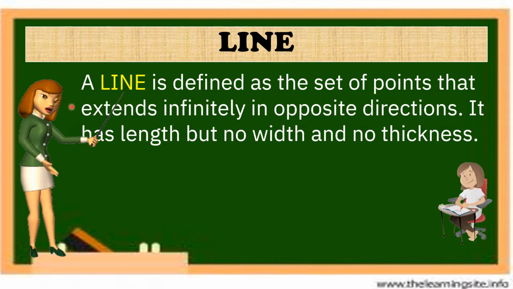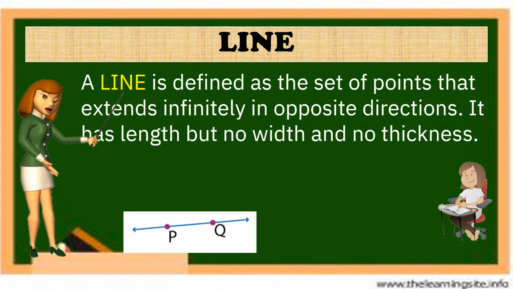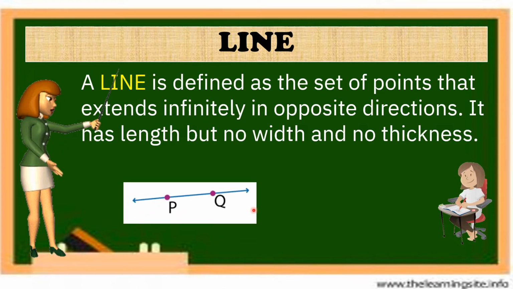Line. A line is defined as a set of points that extend infinitely in opposite direction. It has length, but no width and no thickness. So this is our representation of a line. It is extended to the right and it is also extended to the left.